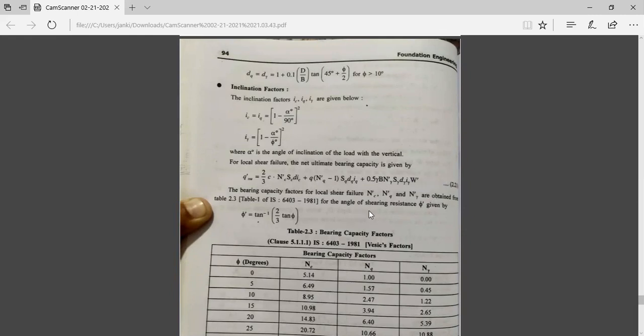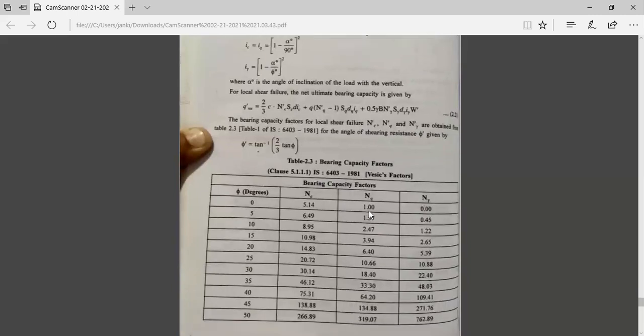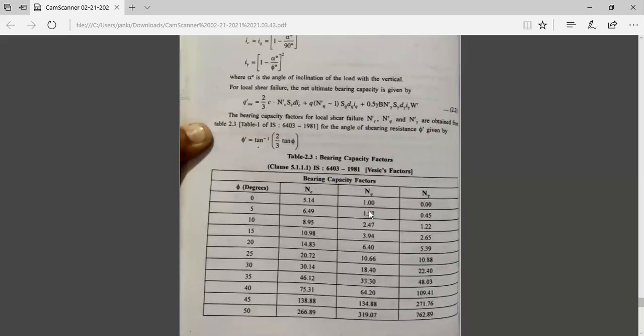The bearing capacity factors for the local shear failure, NC dash, NQ dash and N gamma dash, are obtained from the table below, which is based on the angle of shearing resistance phi. Phi dash is equal to tan inverse of 2/3 tan phi. These bearing capacity factors, also known as basic factors, depend on phi degree. Our NC, NQ and N gamma values are provided in this table.